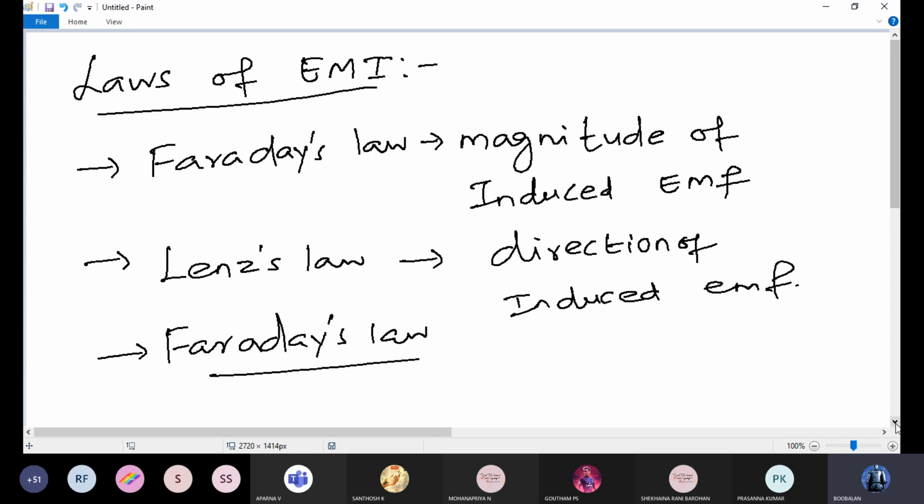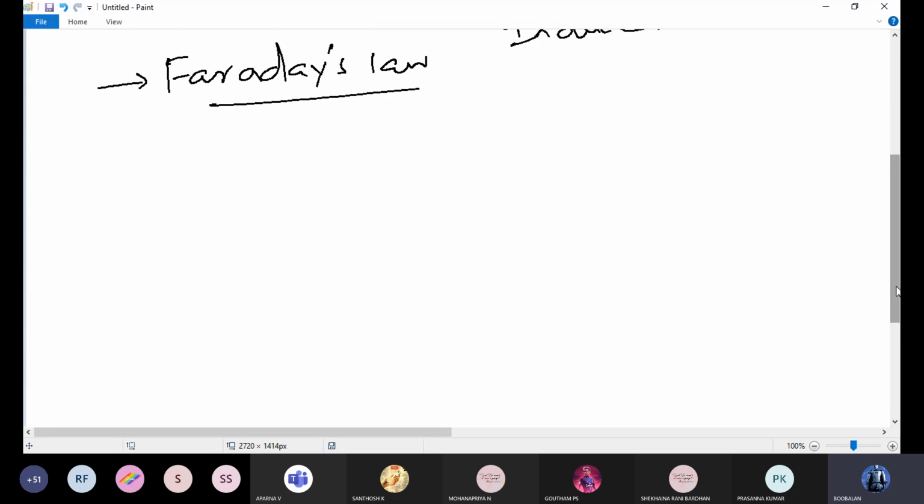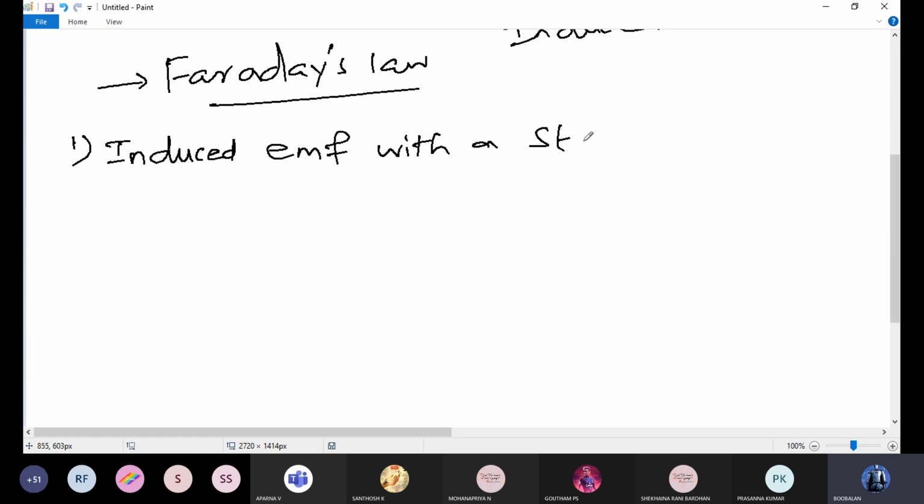For Faraday's law, please note the experimental studies. First one, induced EMF with a stationary coil and moving magnet.